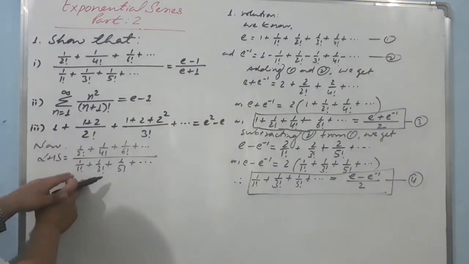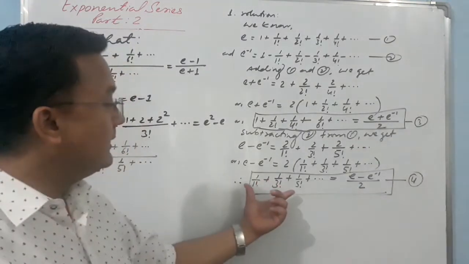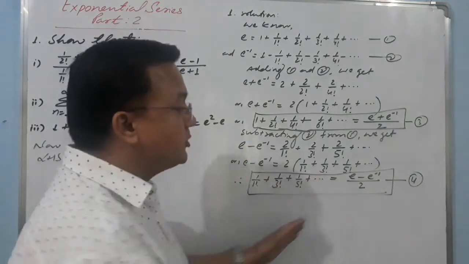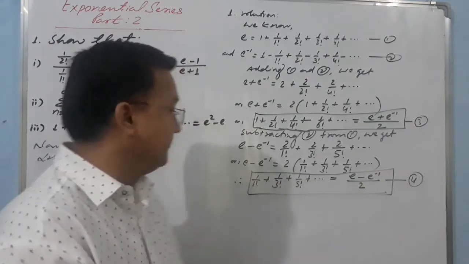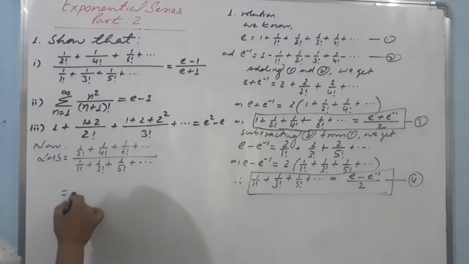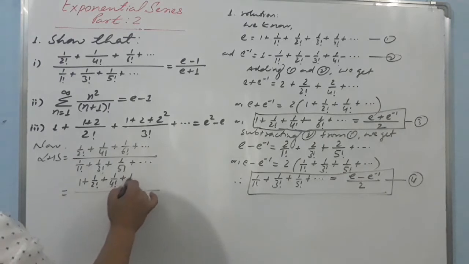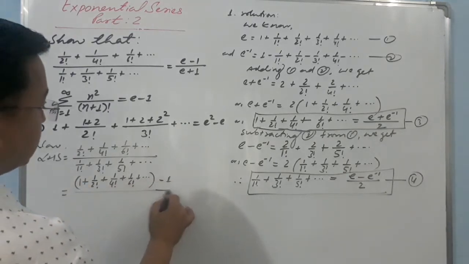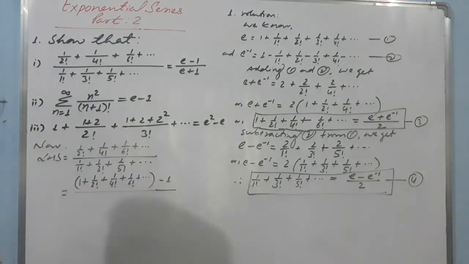If you see the denominator and this result, you will find exactly we have the denominator in this form. Instead of this expansion, we can write e minus e raised to power minus 1 whole upon 2. So let me write 1 plus 1 upon 2 factorial plus 1 upon 4 factorial plus 1 upon 6 factorial and so on, and here minus 1, because I have added 1 in the expansion, so that's why I need to write minus 1.